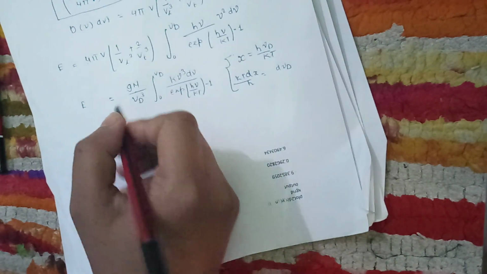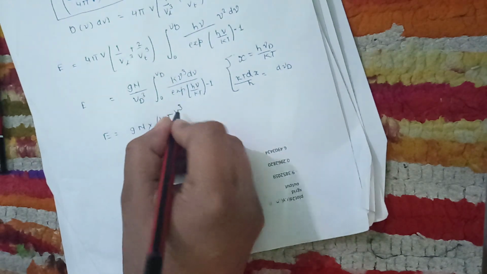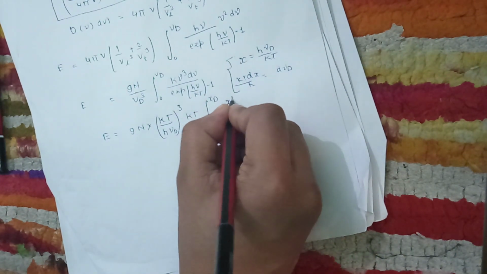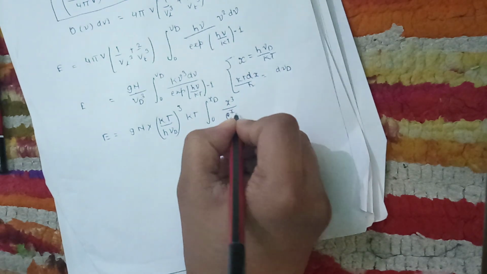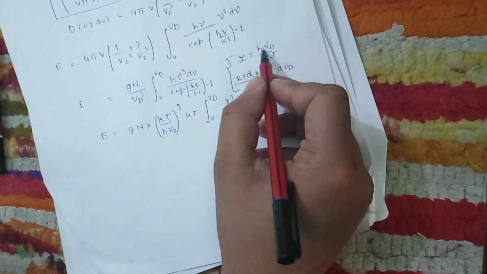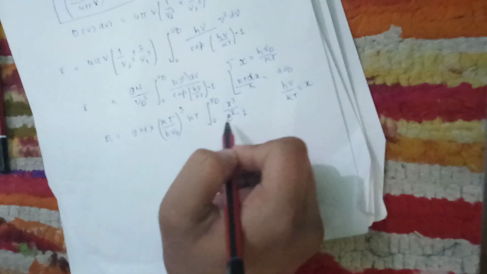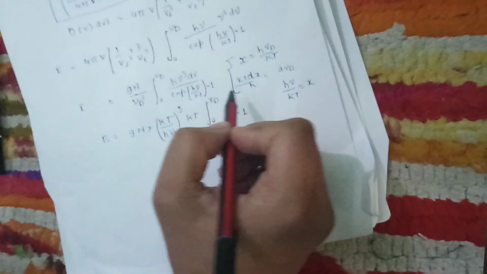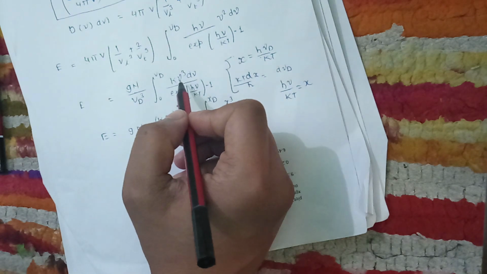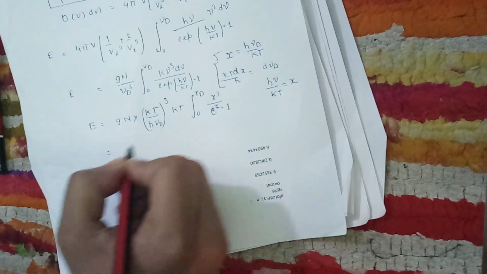Now nu d is equal to kt by h whole cube, and this kt x cube upon e to the power x minus 1 dx, because we consider h nu by kt is equal to x, that is exponential x, and d nu is equal to kt by h, and h will be cancelled out.